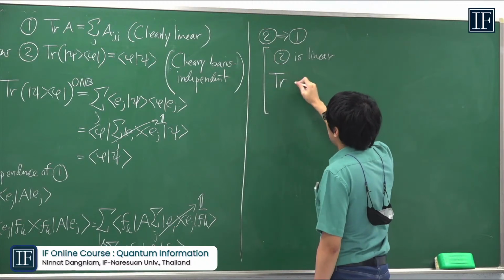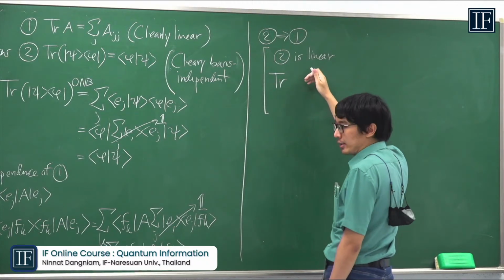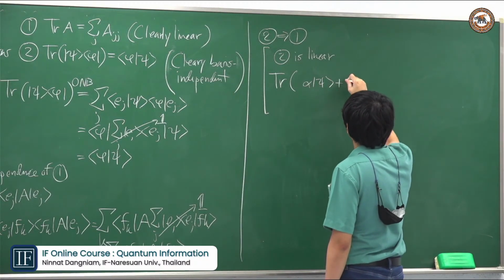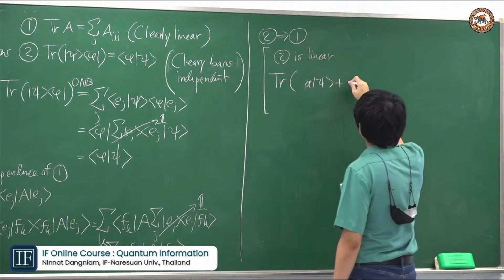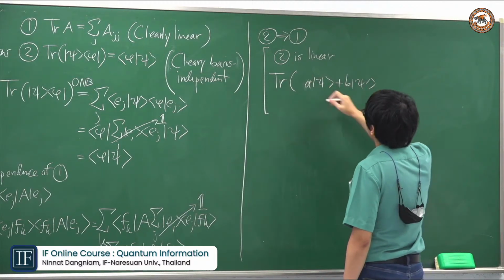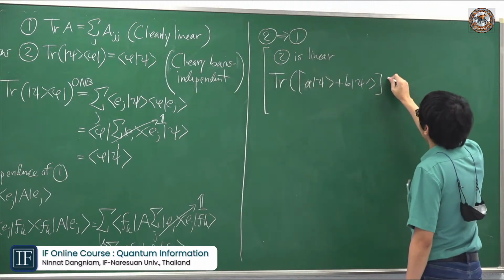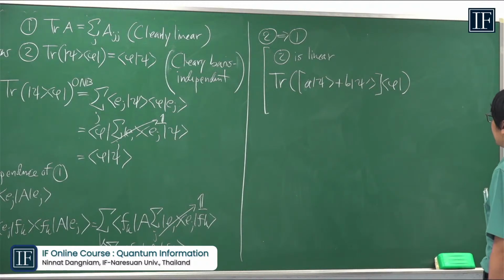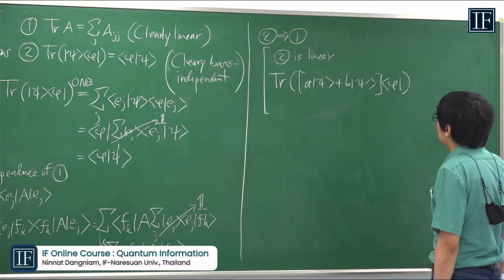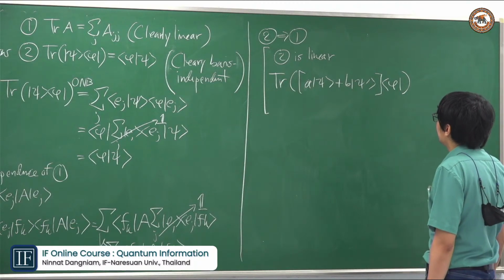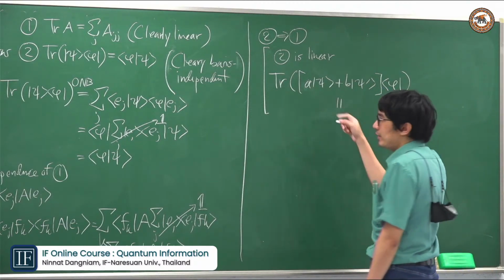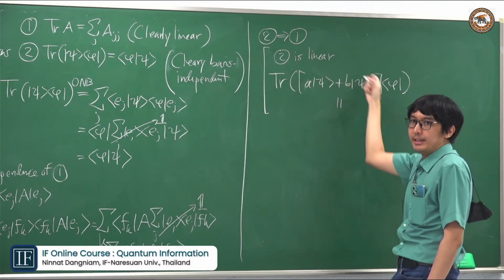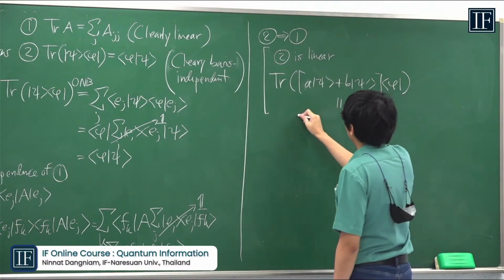I guess this is a sketch. If I put some linear combination of vectors in here, then by the second definition of the trace, it must be the inner product of this linear combination and that guy.